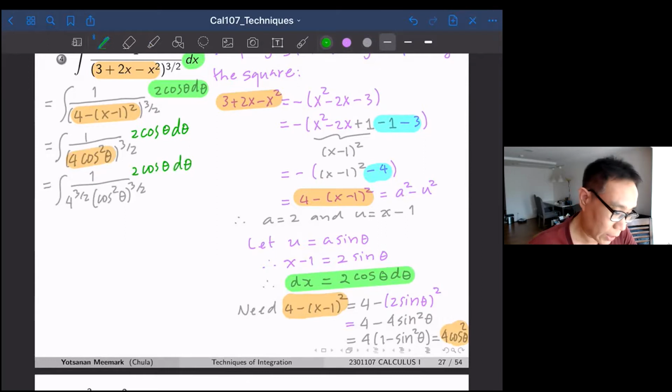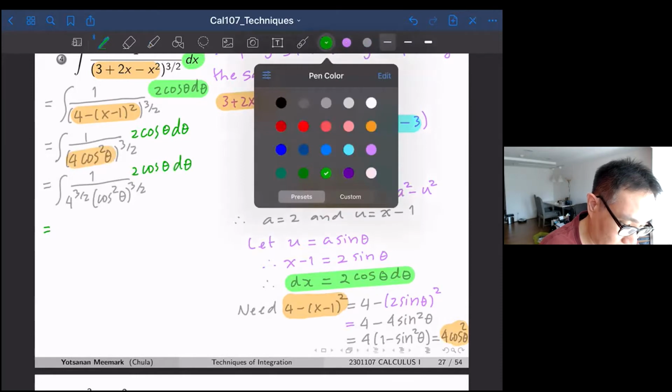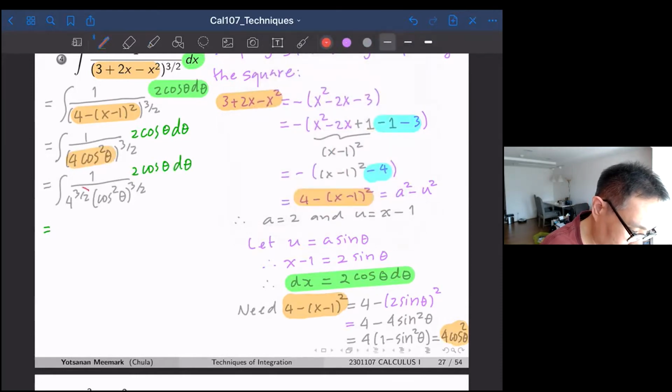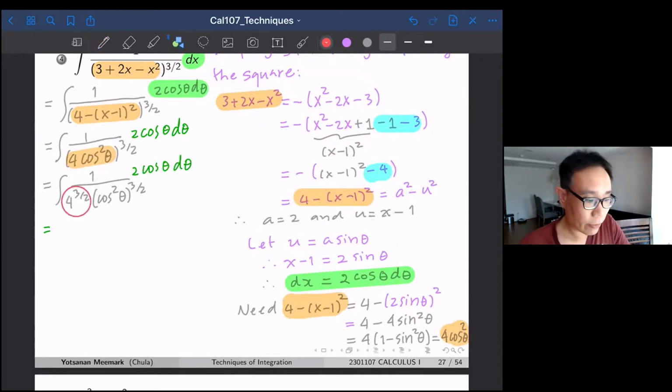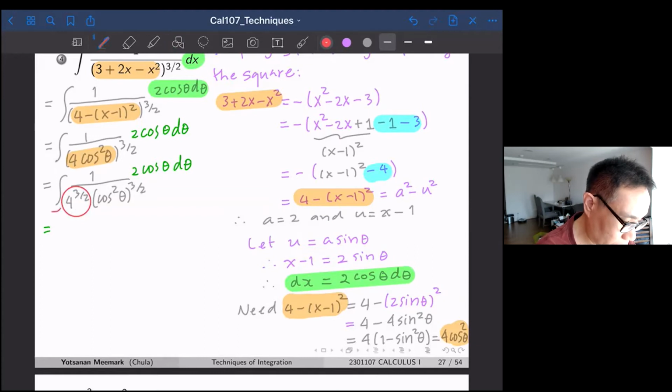Okay, and for this guy, you see that it's gonna be 4 to the 3 half. Let me circle this guy and calculate this guy separately. So I get 4 to the 3 half here. This guy equal to 8, right?